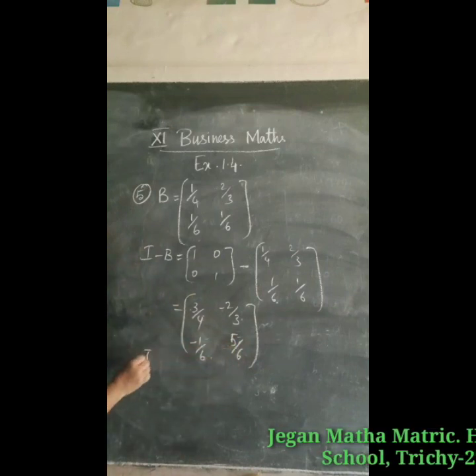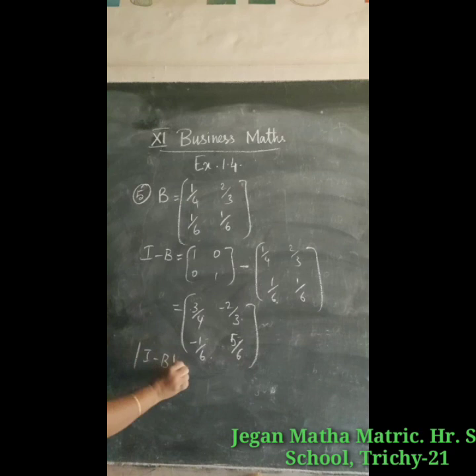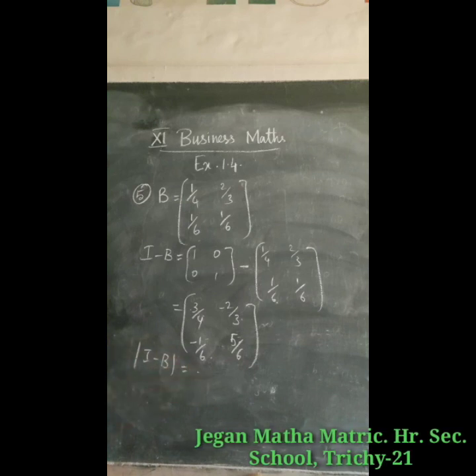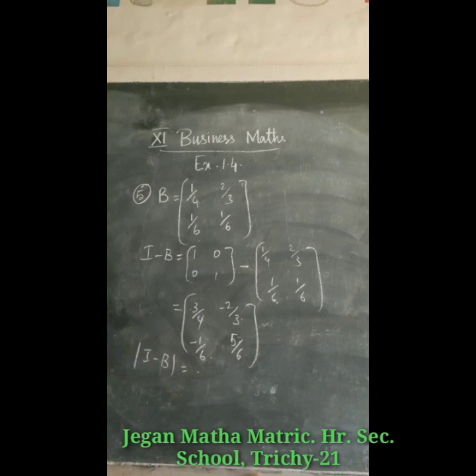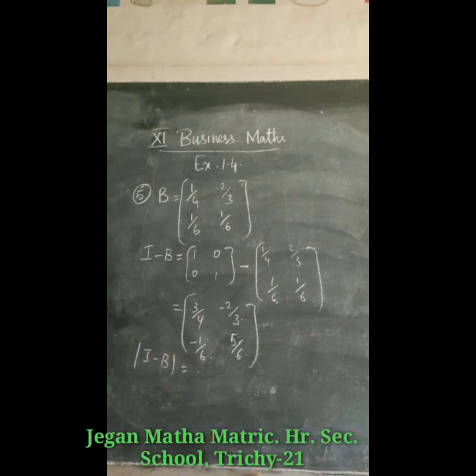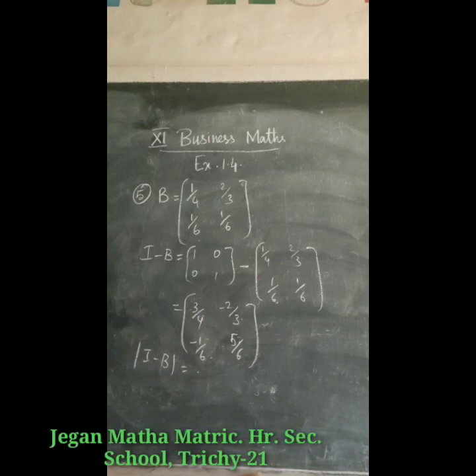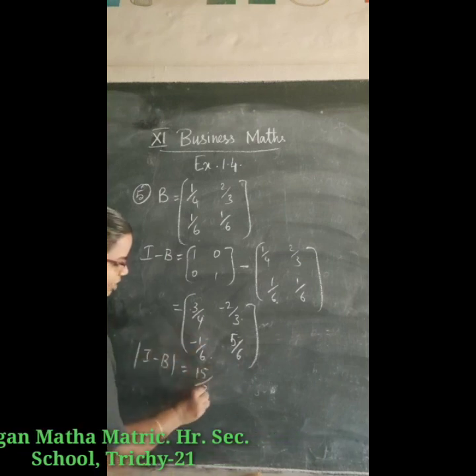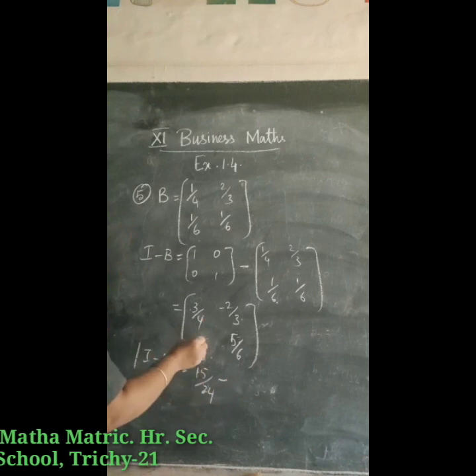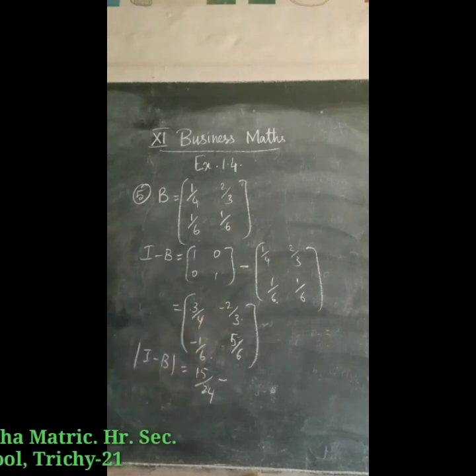Now we have to find the determinant of I minus B. You have to multiply 3 by 4 into 5 by 6, we will get 15 by 24, minus 2 by 3 into 1 by 6, that is 2 by 18.